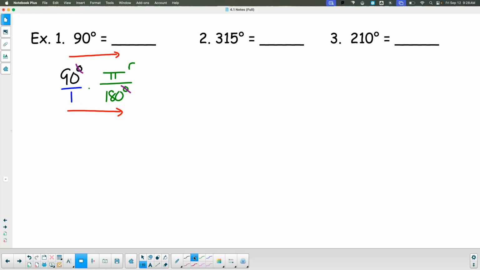Either way here, you are going to get pi over 2 radians. Now, as we develop more into the radian, anytime that we see pi in our fraction, we're going to assume that we're talking about radians, unless otherwise noted.